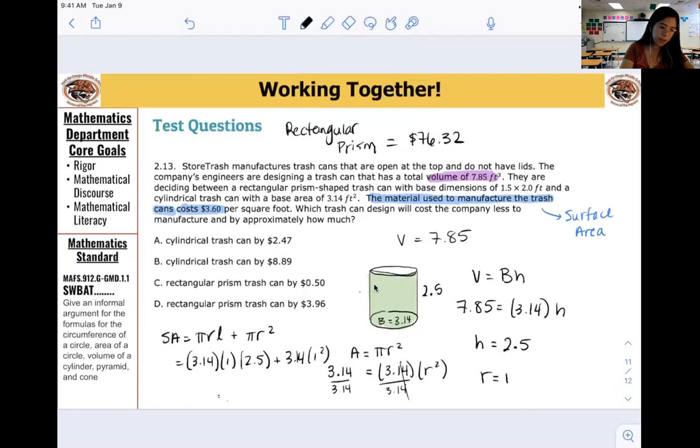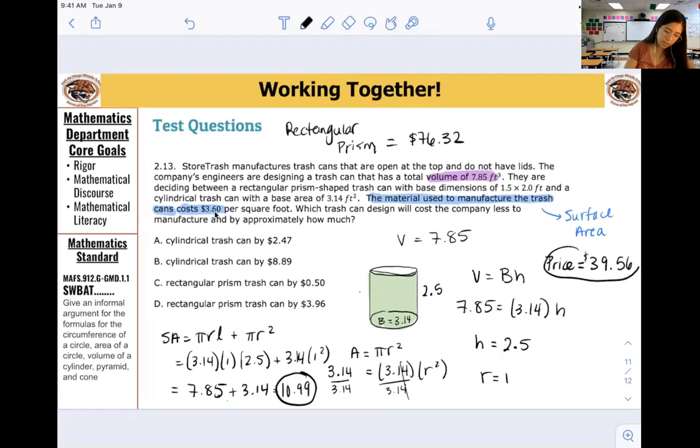So you get 2.5 times 3.14, 7.85, plus 3.14. I know, we're almost done. 10.99. Then you have to multiply that by 3.60. So the price for this guy is $39.56. And when you subtract, wait, I might have done something wrong.